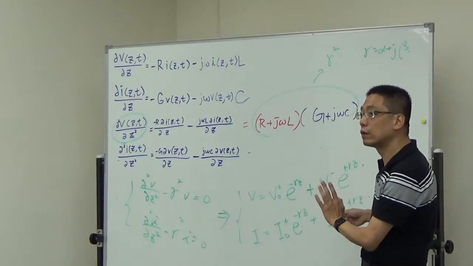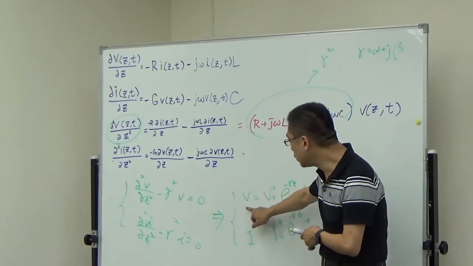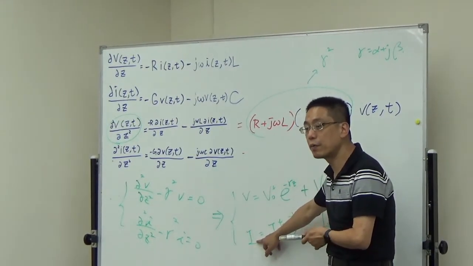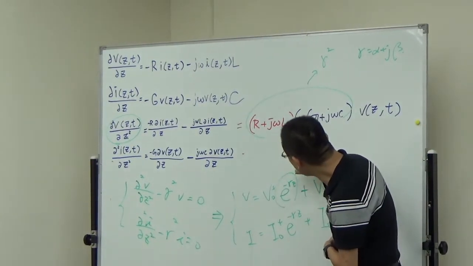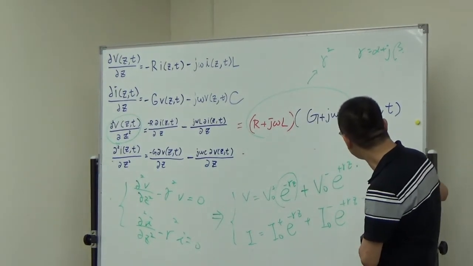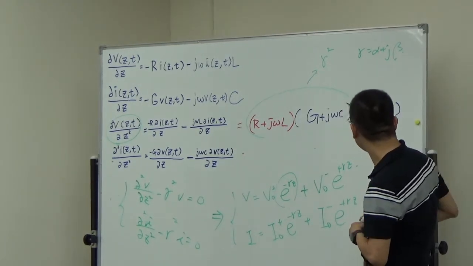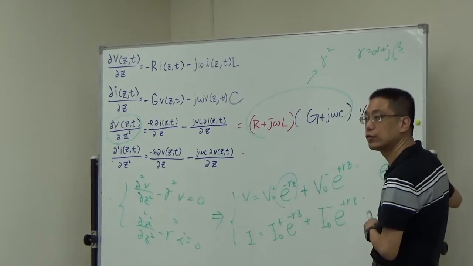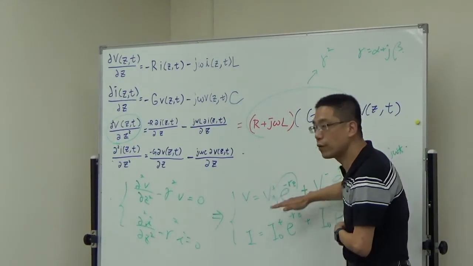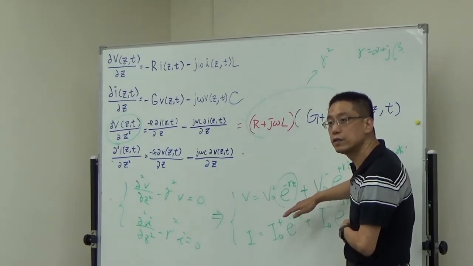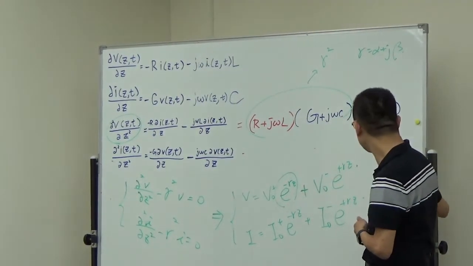But if you want to know about the total voltage and the current with the component of Z and T, you need to multiply these two equations by exponential j omega t. Then you will obtain these two equations, which have the variables Z and T, okay?